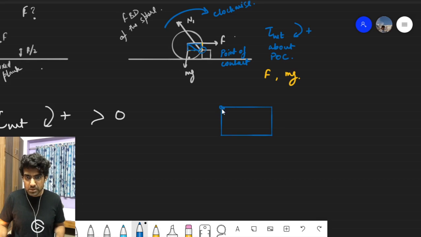Alright, this is the center of the sphere, let's call it O. This is the point of contact, let's call it P, and the force F is in this direction. You have this length as r, and in the question it is given that the height of the plank is r by 2. So this length is r by 2, this length comes out to be r by 2 also.